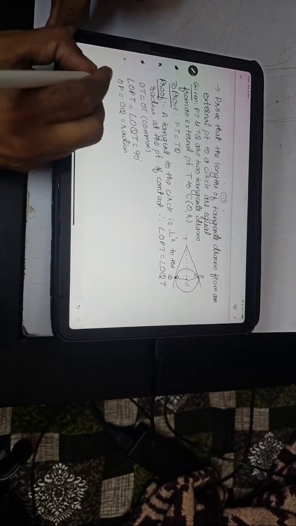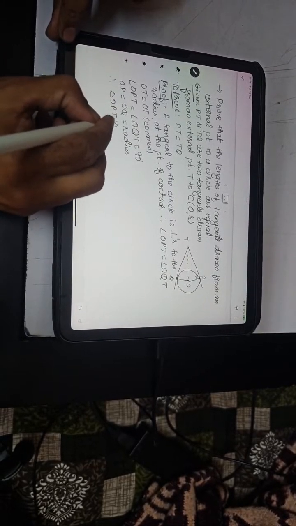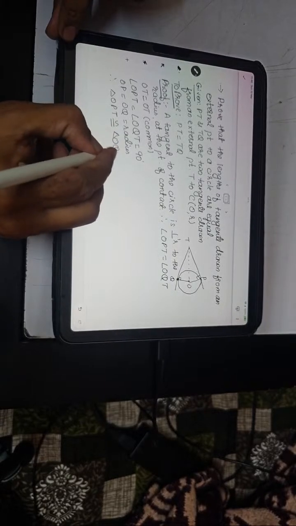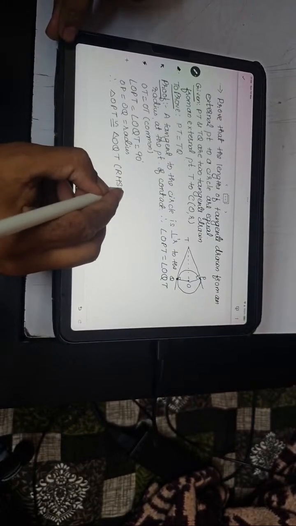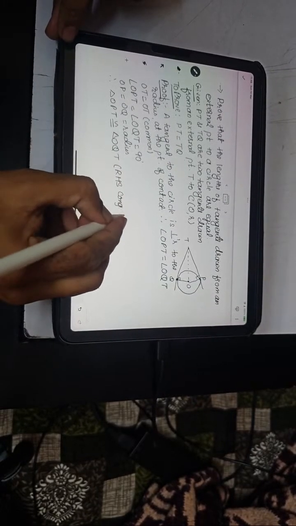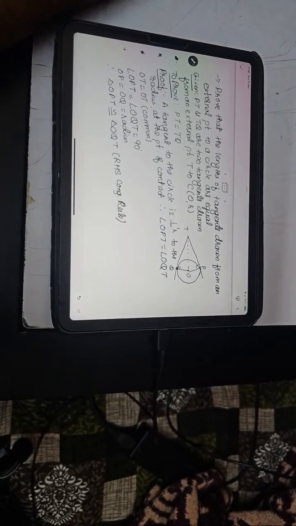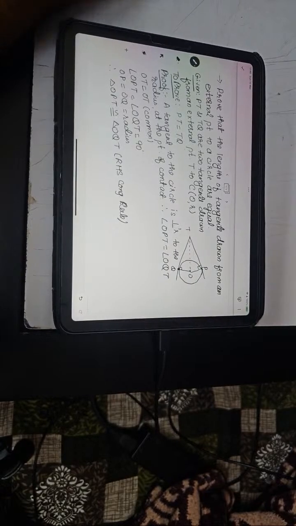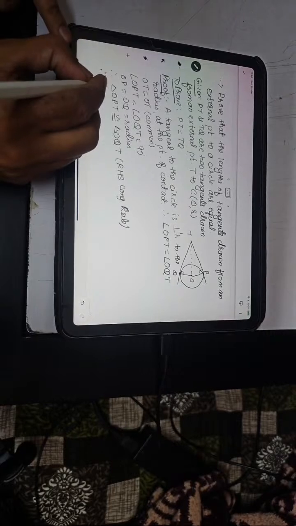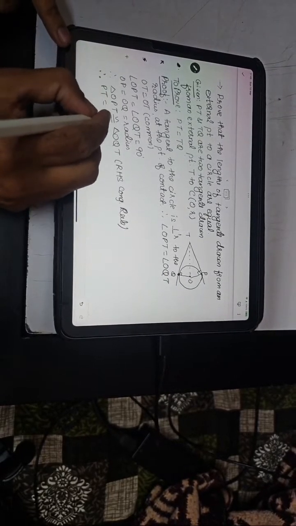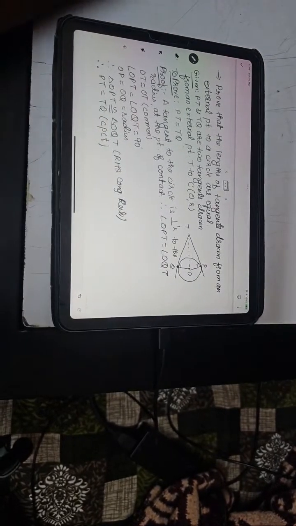So therefore, can I say triangle OPT congruent to triangle OQT? This is which rule? RHS congruence rule. So using that rule, I proved both the triangles congruent. Once I proved both the triangles congruent, therefore I will say PT equal to TQ by CPCT. Clear this one?